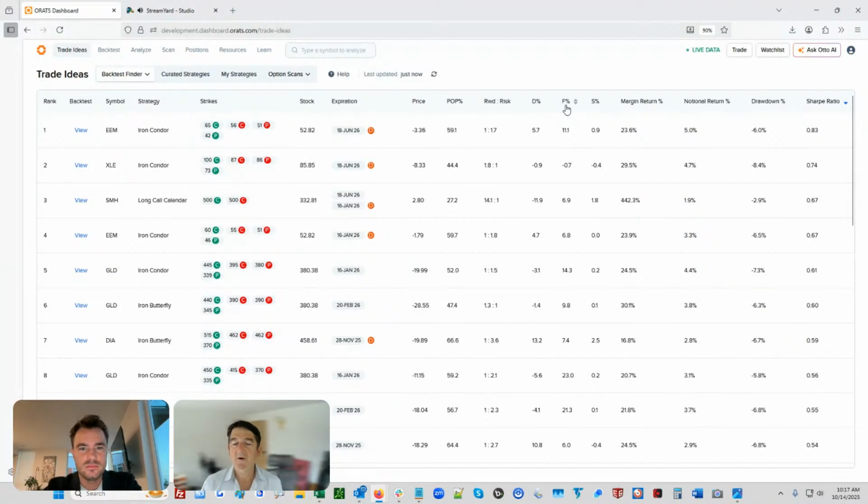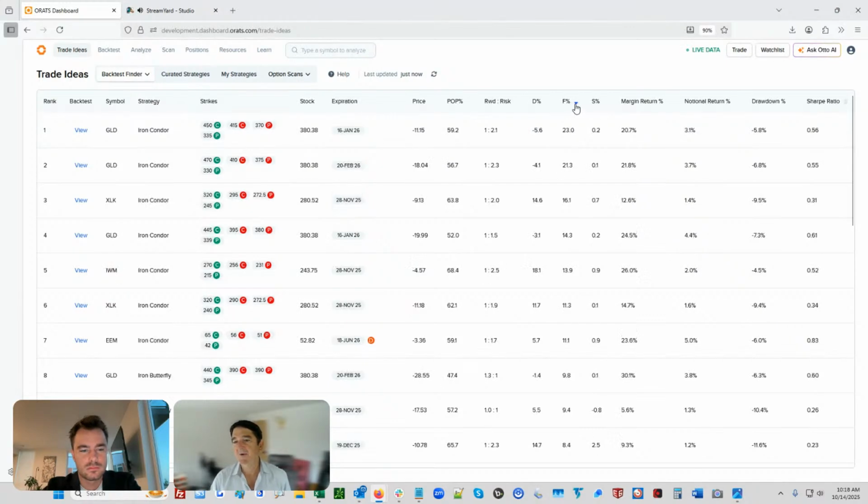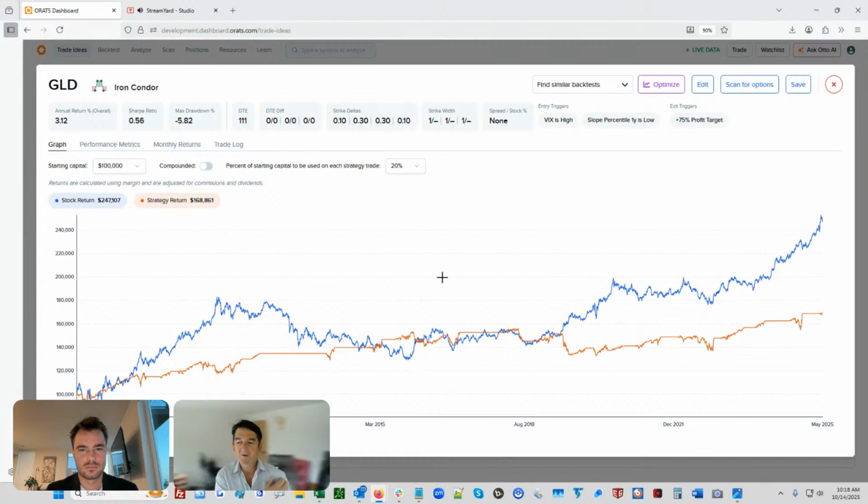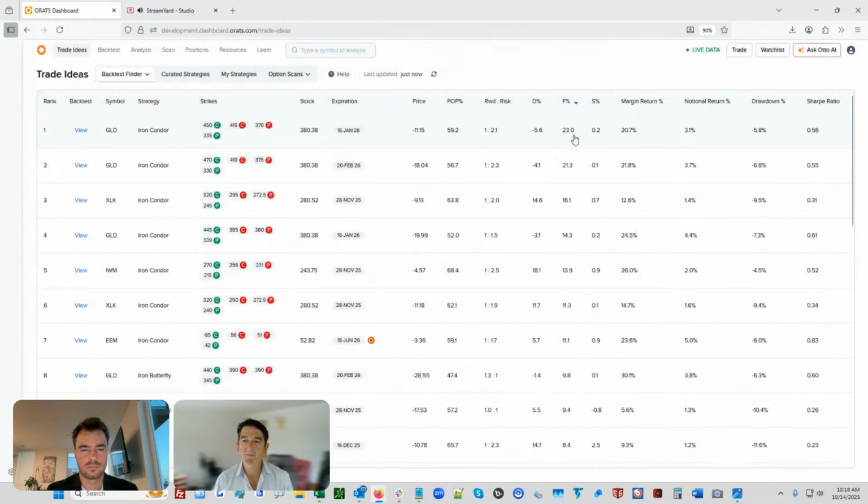Yeah, and what you want to do is look at the back test, look at the theoretical values, and see if you agree with those. So the one that has the most edge right now is gold. You could look at the iron condor, how it's done, and the rules for it. And is this a good time?